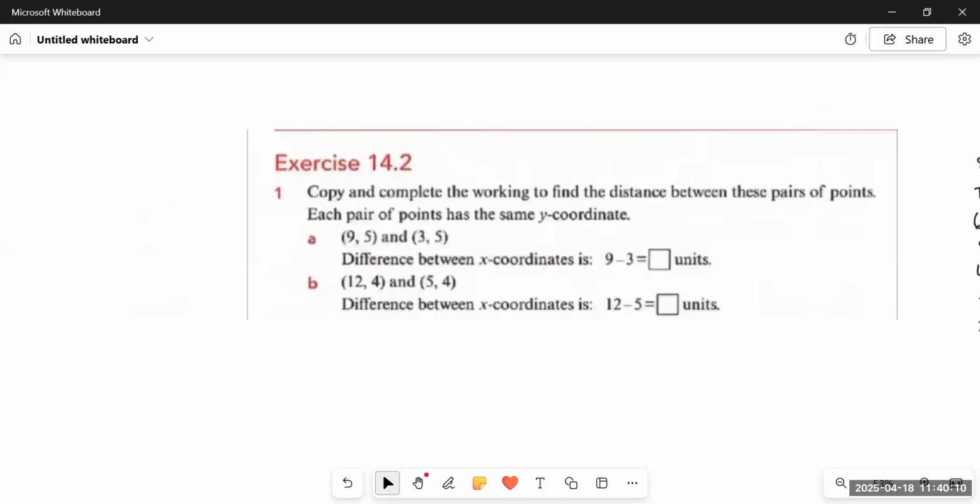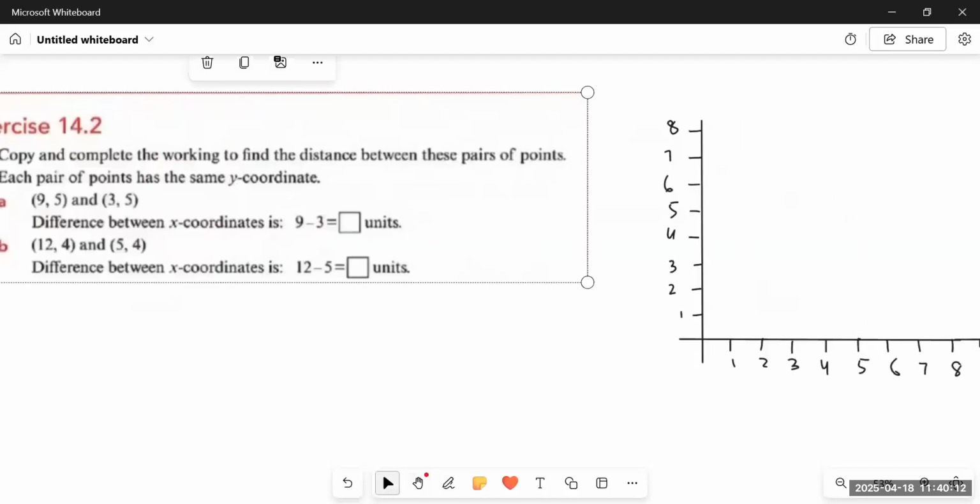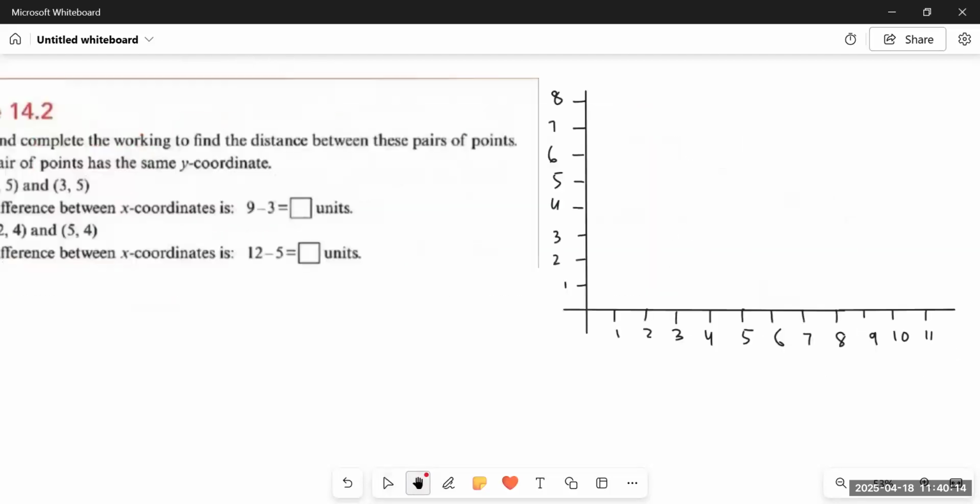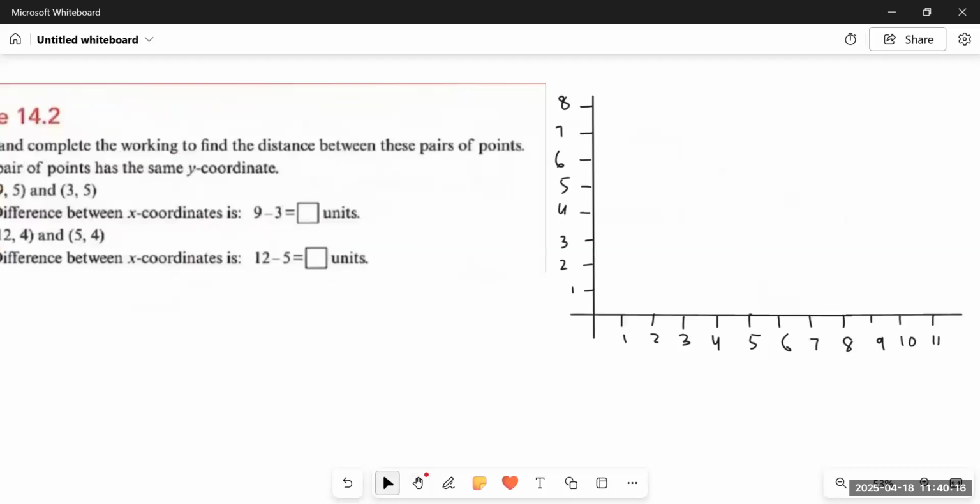So for this, we will consider a quadrant right here. As you can see, we have a quadrant and we are provided with a coordinate grid that shows 2 points, that is 9, 5. First of all, let us understand that whenever we are provided with a point, we have to look for the 2 numbers.